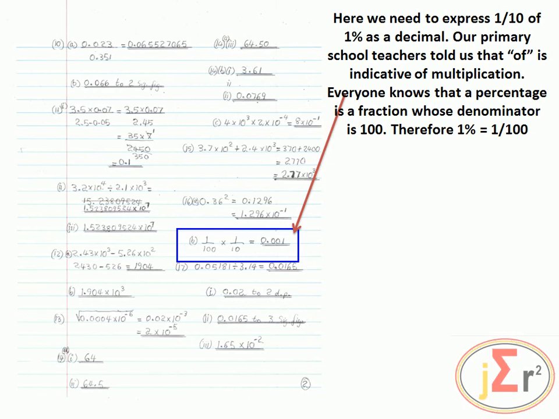So if we need to express 1/10 of 1%, it means 1/10 multiplied by 1%. Of is indicative of multiplication.